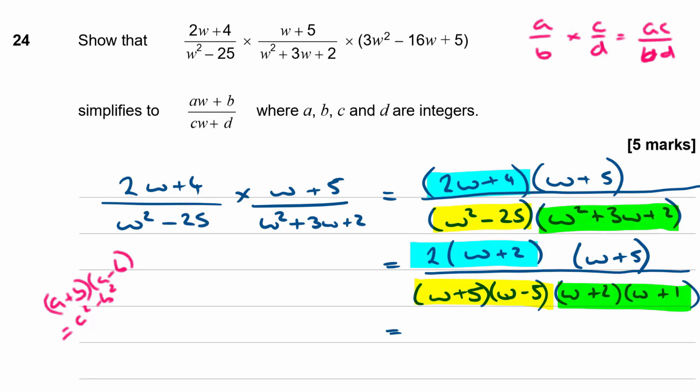So now what? Can we cancel anything top and bottom? I've got a w plus 2 there, which I can cancel with that w plus 2. And I've got a w plus 5 there that cancels with that w plus 5. So they all disappear.